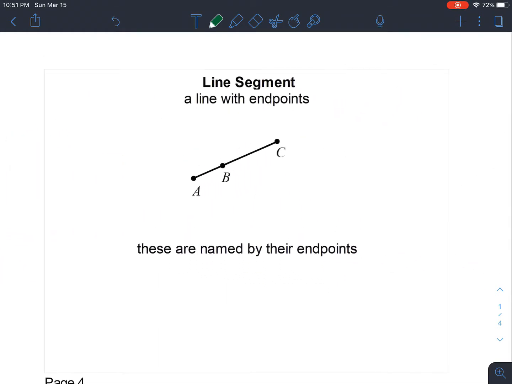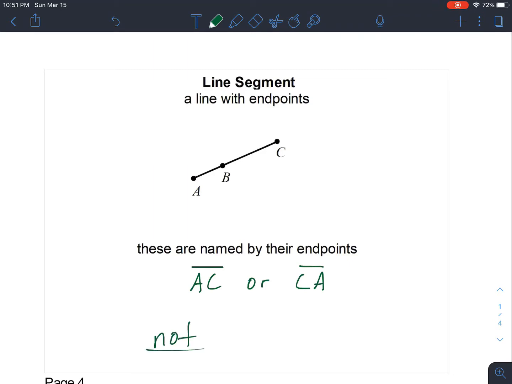Okay, so as I mentioned before, a line segment then, that's going to look just like the line, except we do not have arrows. For a line segment, you must name it by its endpoints. So in this case, we have AC, and then we will put a miniature line segment over it to show what that is, and then we could also call it CA.